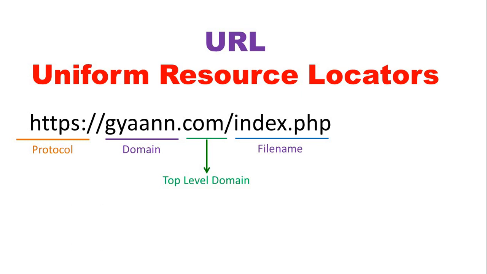What does it mean? In a server, the data are located, right? The HTML pages, other content, video, images, and so much content are stored in a particular server. By accessing the uniform resource locator, we can access those data.